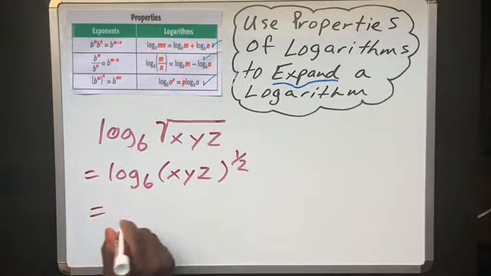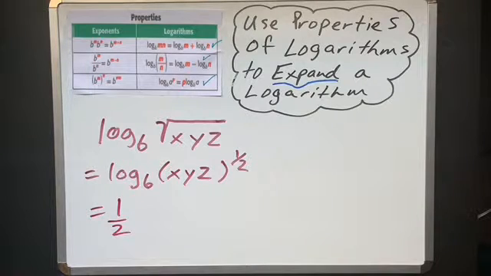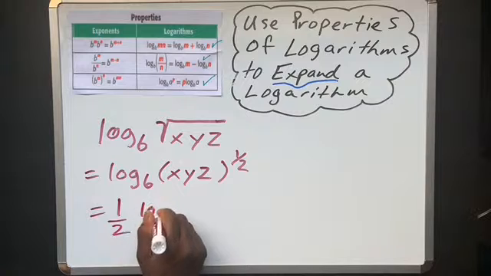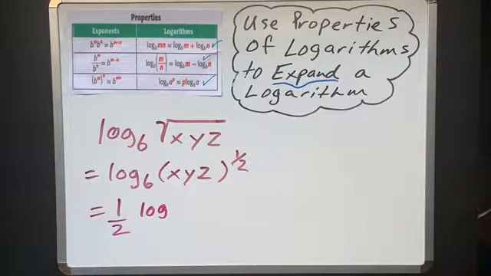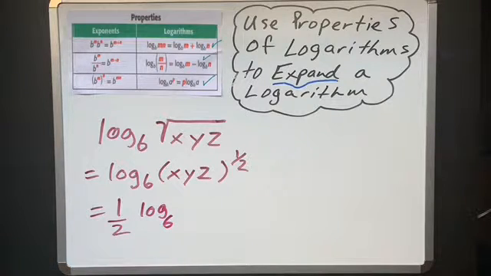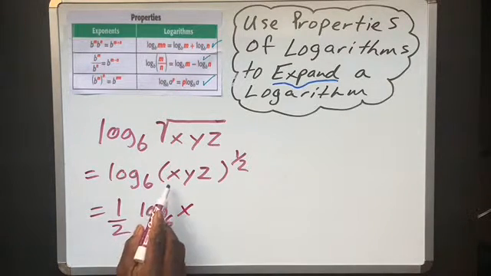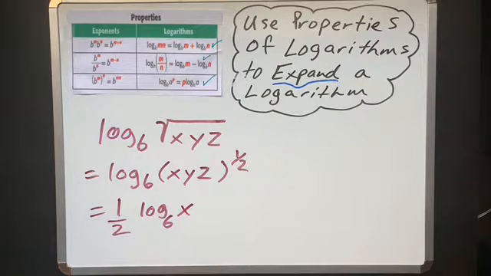In this case, we're going to write 1/2 times log base 6 of x. That's the first factor right there, where we're multiplying x times y.